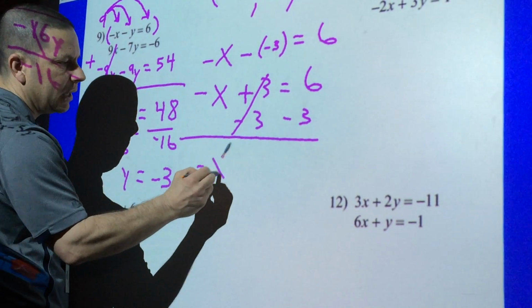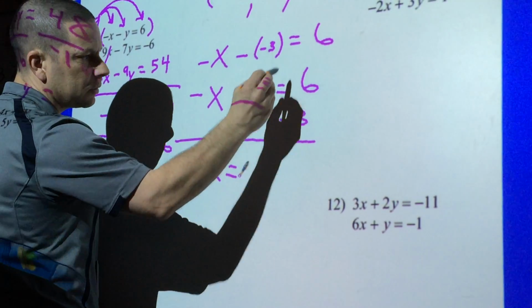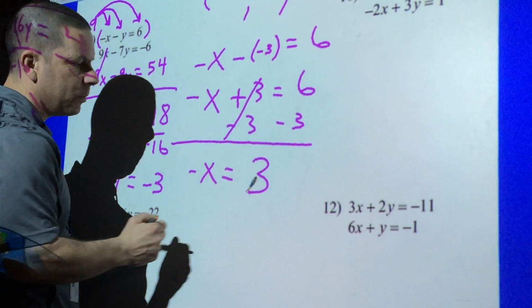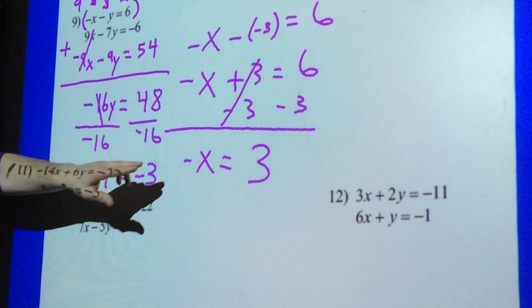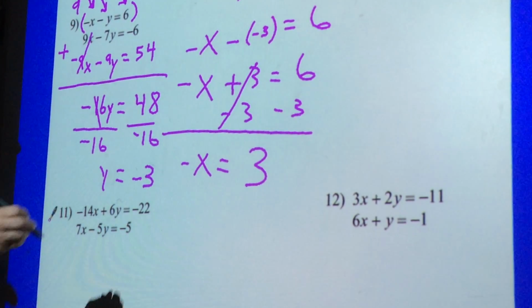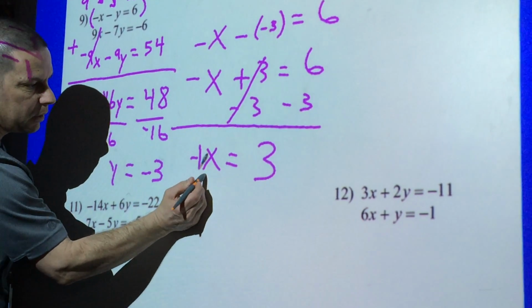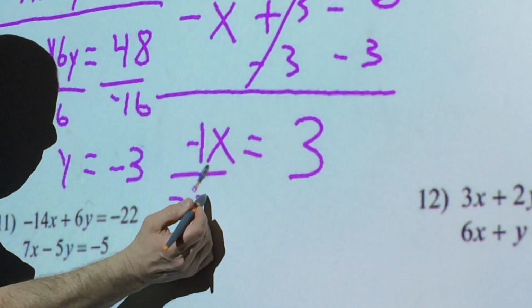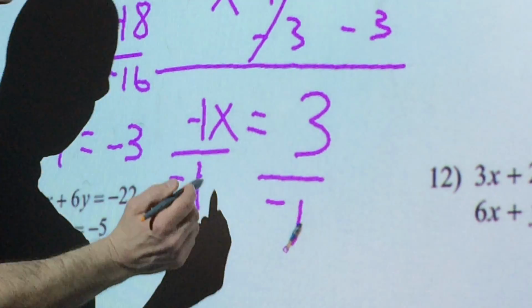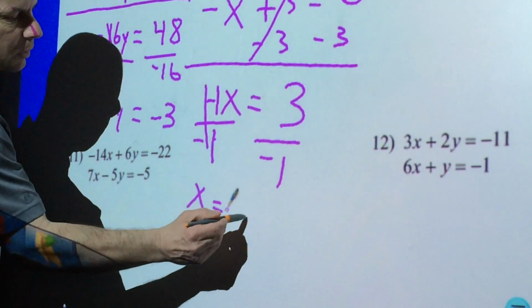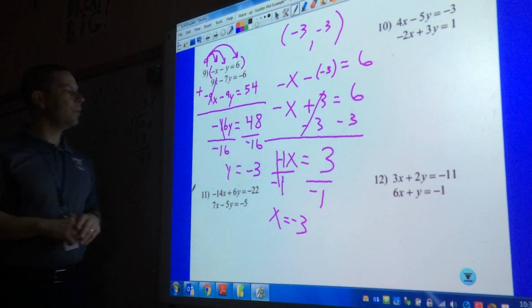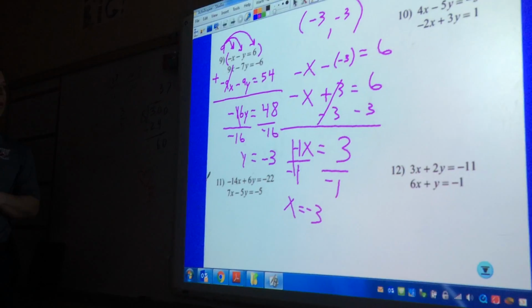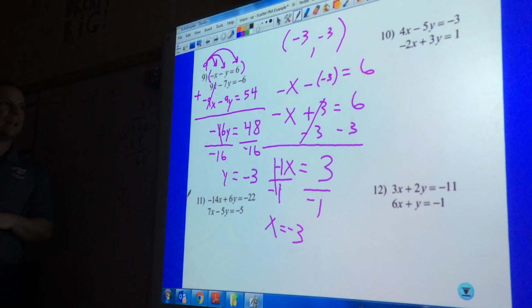So we have negative x equals positive 3, but we're not solving for negative x. We need to know what x is. So when we have a negative in front of our variable, remember it's like there's a negative 1 there. So we can divide both sides by negative 1. And we will get x equals negative 3. So negative 3 is the solution to the system of equations from number 9.